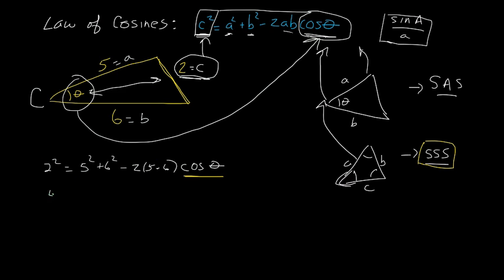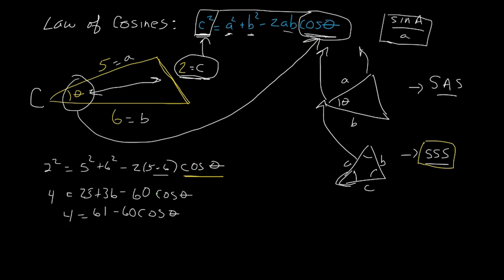2 squared is 4. 5 squared is 25 plus 36 minus 30 times 2 would be 60 times the cosine of theta. 25 and 36 would be 61, minus 60 cosine of theta.